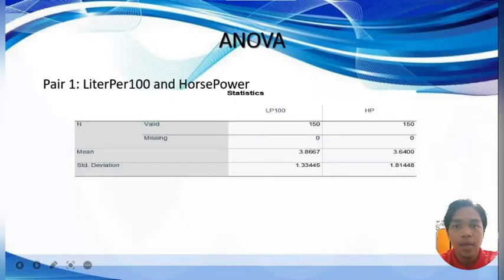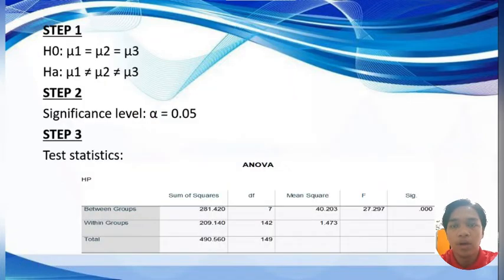ANOVA. Pair 1, we match liter per 100 and horsepower in one pair. Step 1, H0 and HA are not the same, and then step 2, significance level alpha equals 0.05. After that, we test the statistic using ANOVA.